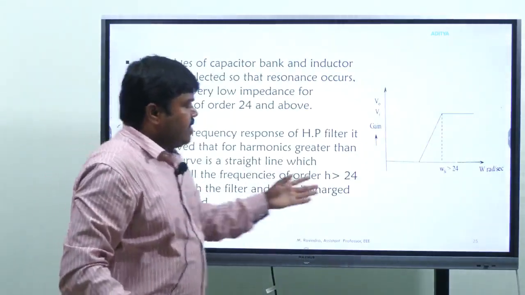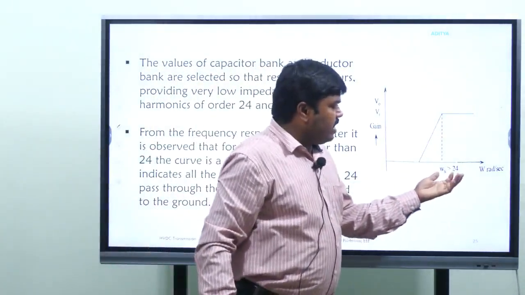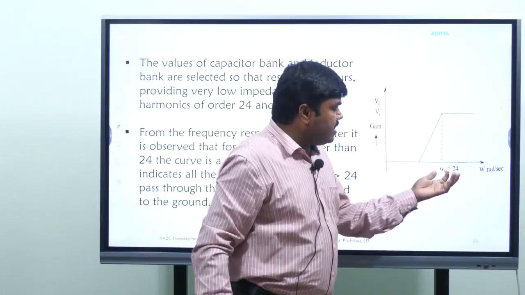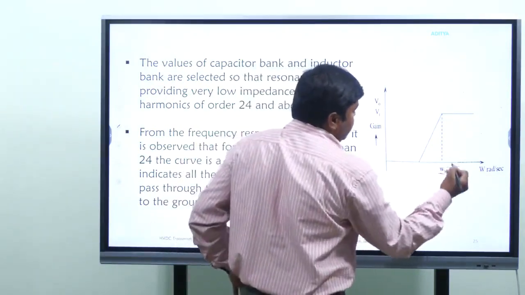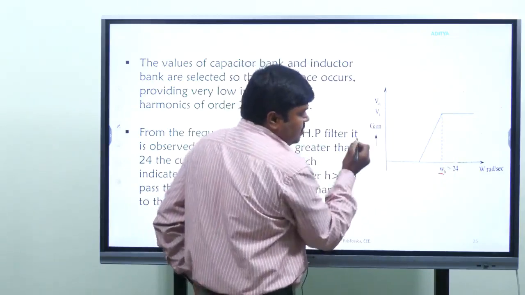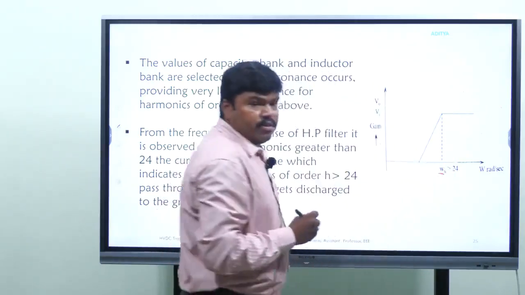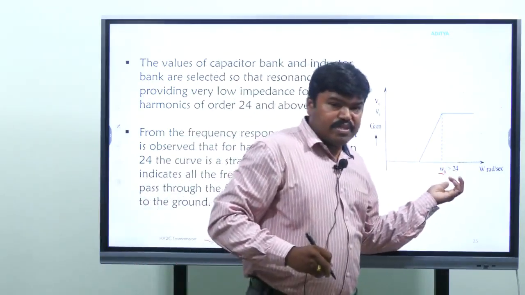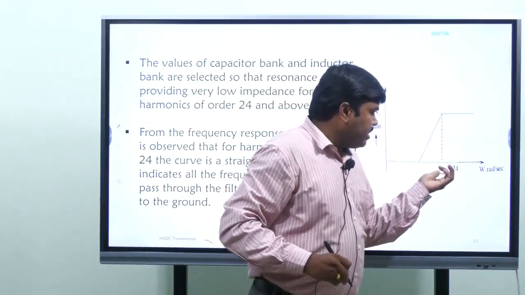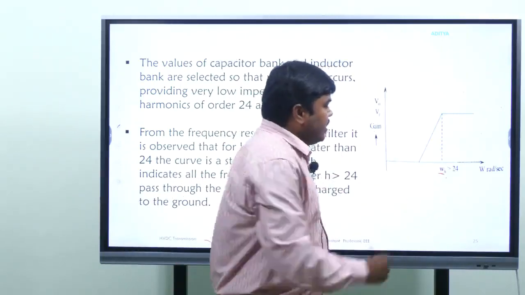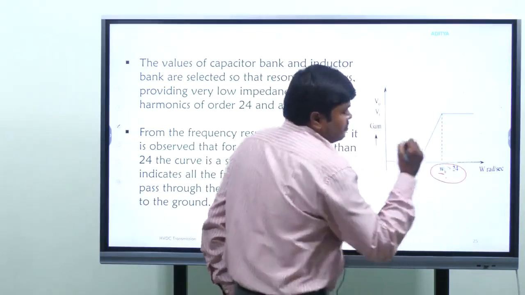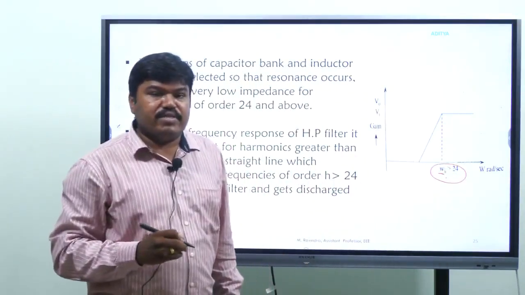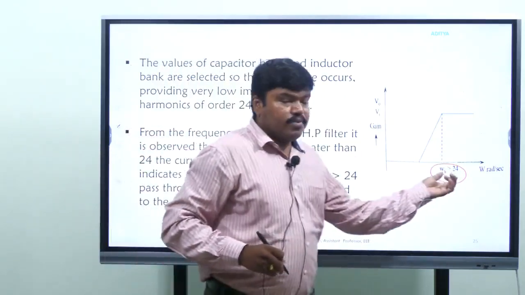Now you see the diagram here. It allows only high order harmonics, that is, h greater than 24. Here the cutoff frequency is WH, and the diagram is drawn between the gain and frequency. It allows to pass the frequencies greater than order 24.